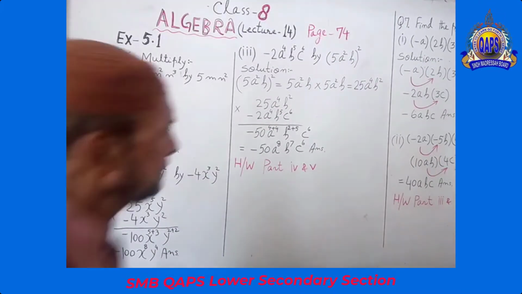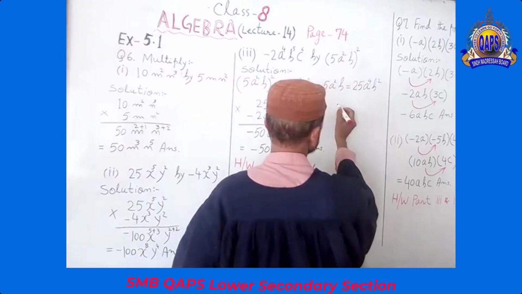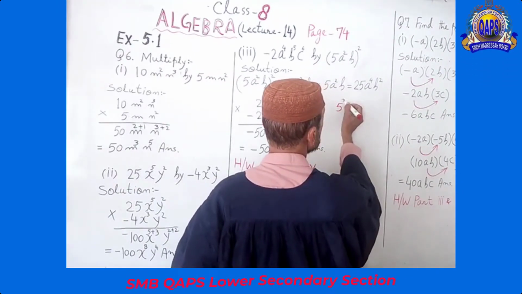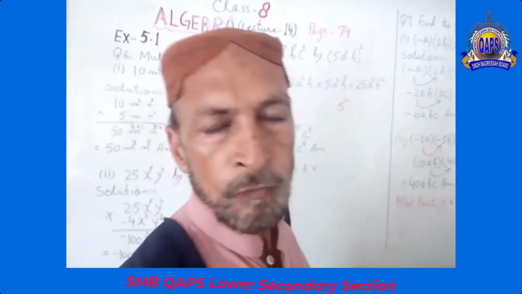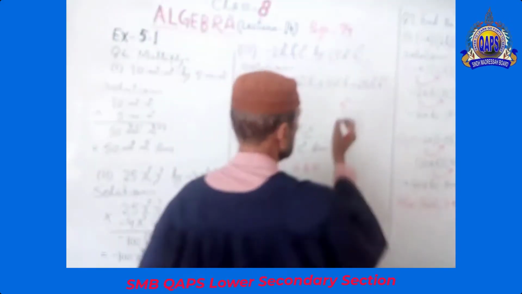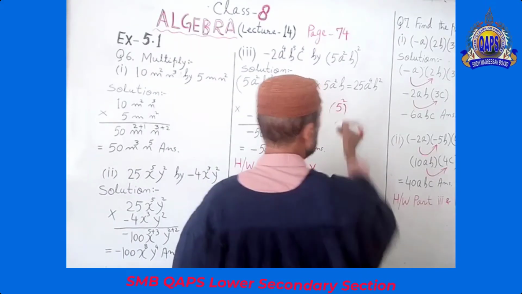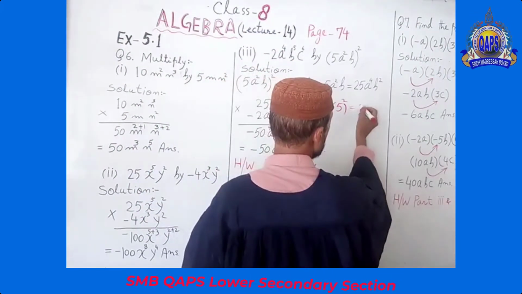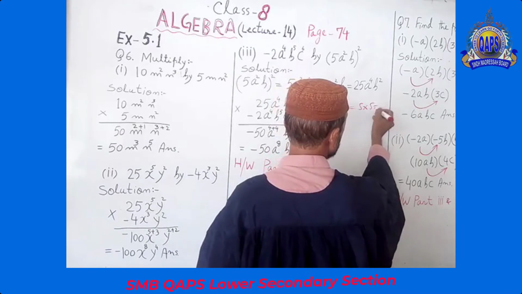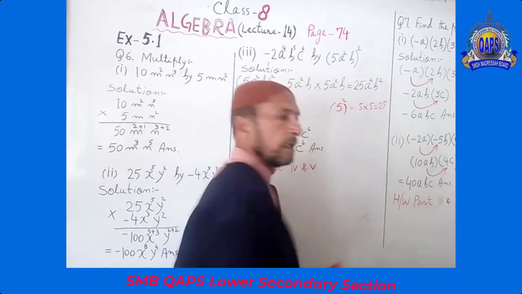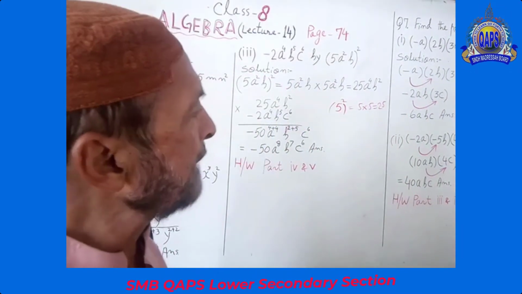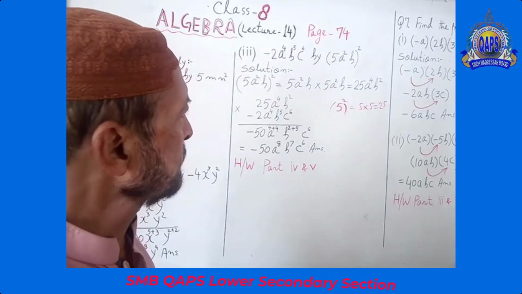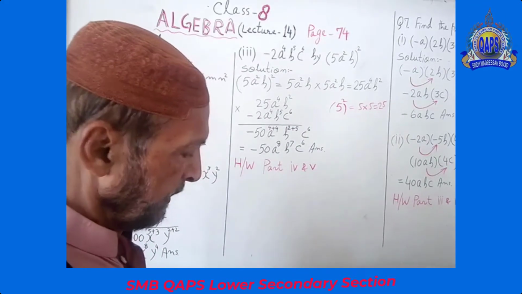For example, 5 whole square is equal to 5 into 5, that means 25.